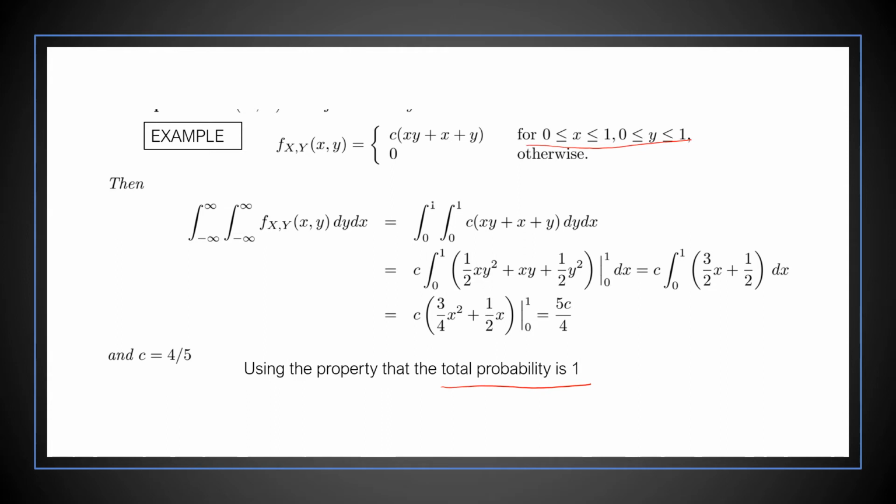So the limits are, you'll have x varying from 0 to 1, y varying from 0 to 1 of whatever density function you have, integrate with respect to y and x. So when you integrate this, you get the final answer as 5c/4. This 5c/4 must be 1 because the total probability is 1. So from this, you can easily get the constant c as 4/5.